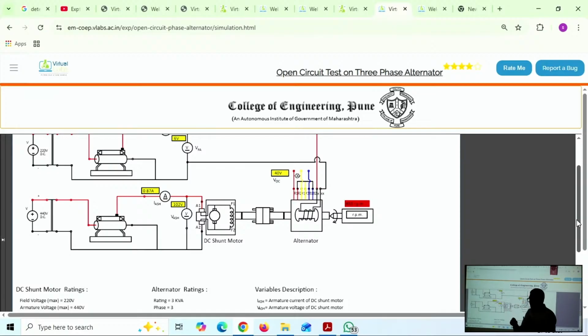If, in order to start, the field winding is at the rated current, the starter will get sparks. So to avoid such complications, we commonly adopt this method. Am I right, sir? Or you can differ. Okay, fine. Thank you. That's it, sir.